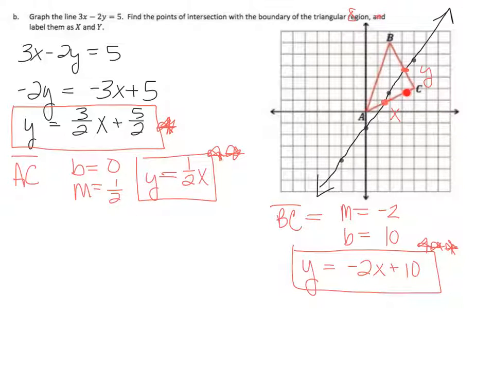So segment AC and my equation intersect here at x. That's the system over here. Then segment BC and my equation intersect here at y, and that'll be my system down here. So let's do some math. I'm going to solve the systems of equations by setting the equations equal to each other.